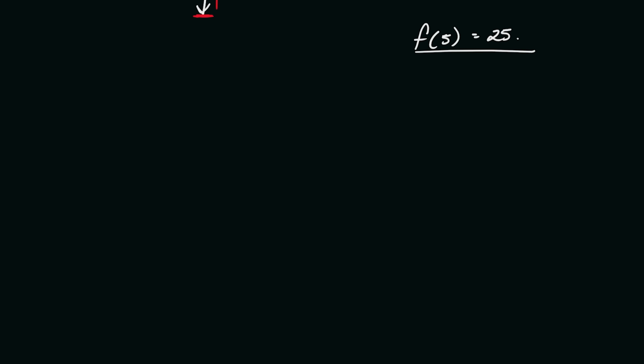Now, for our last part of these function notation examples, we have an actual variable function. Let's say our function f of x is 5x plus 2.